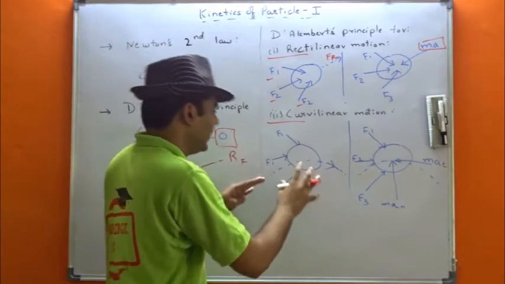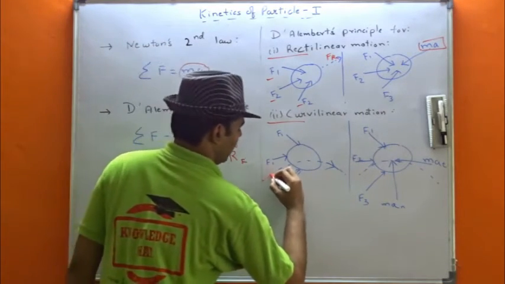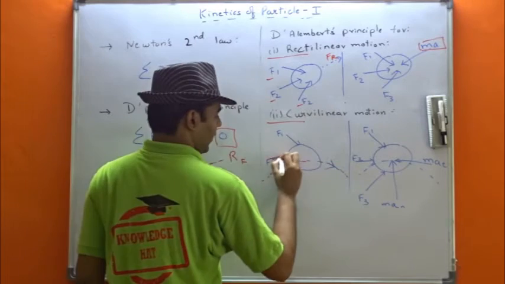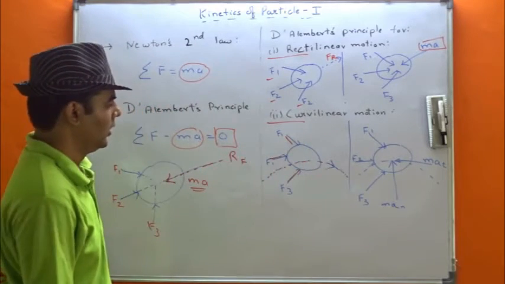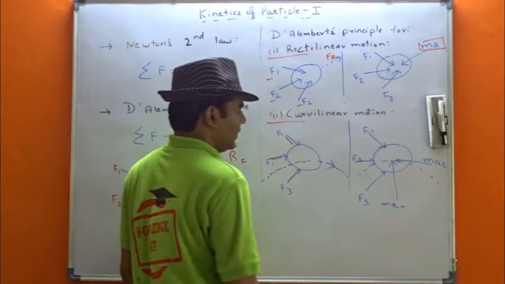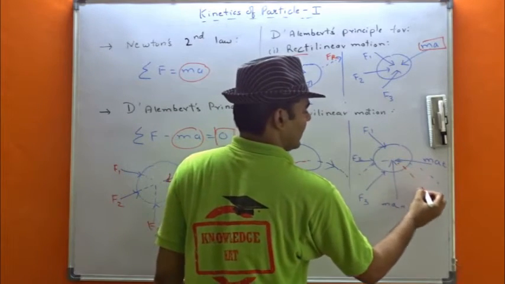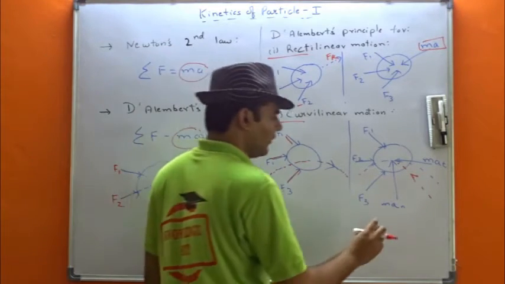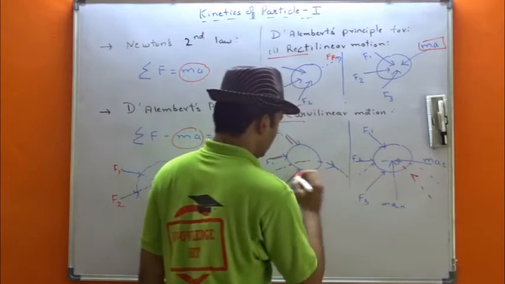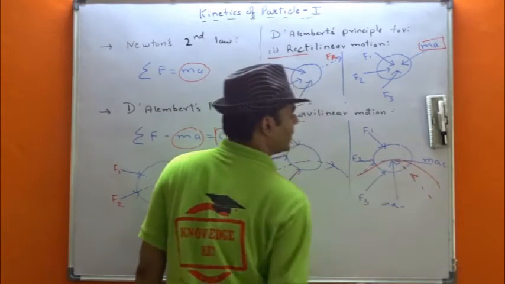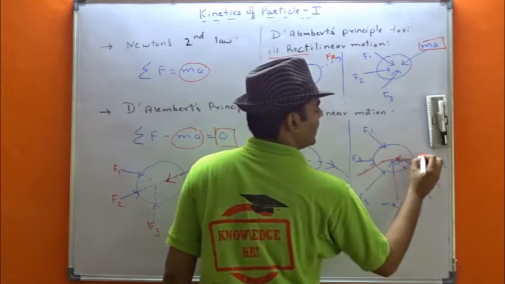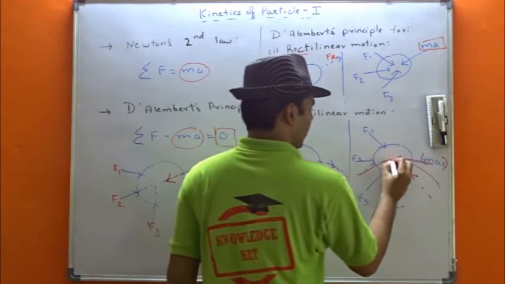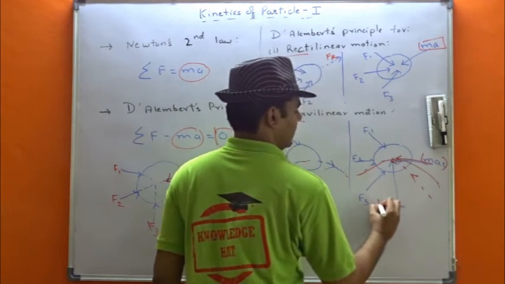Now, curvilinear motion is a little interesting here. Suppose this is the path that the body is going to follow because of these F1, F2 and F3 forces. To counter this, we have to apply a resultant acceleration, but that resultant acceleration cannot be found directly. So what we find is a tangential component to the path, which is given by mat, and a normal component at this point, which is given by man.